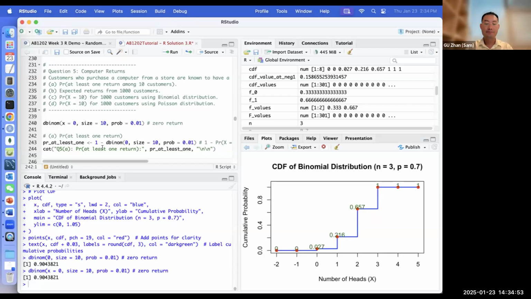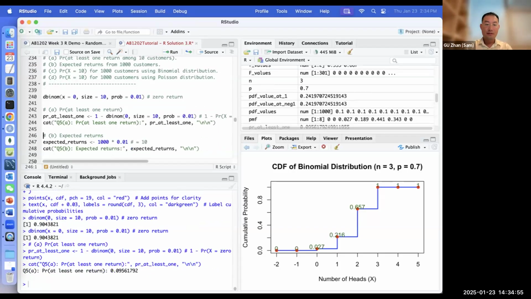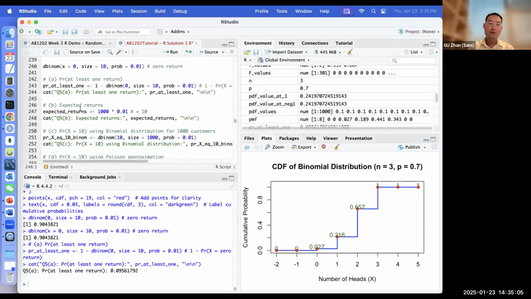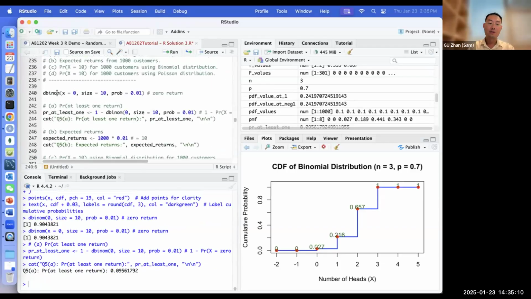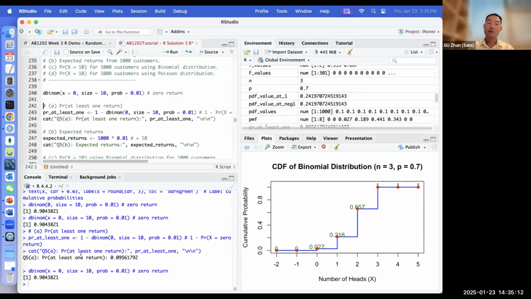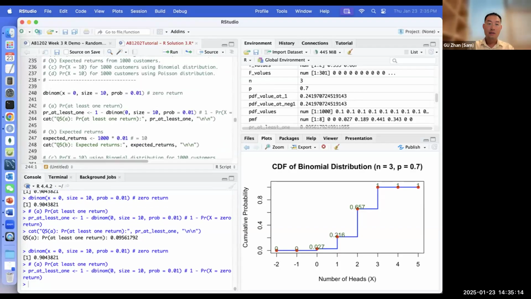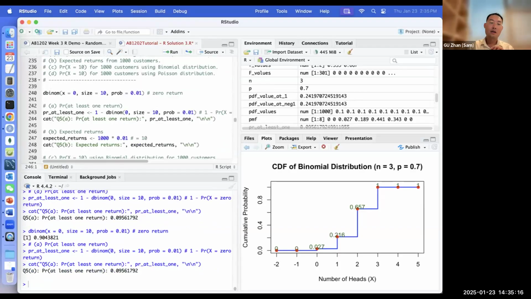At least one return is 0.09, so about 10% chance. The majority, 90% chance, is zero returns. So at least one return is 1 minus 0.9, so around 10%.